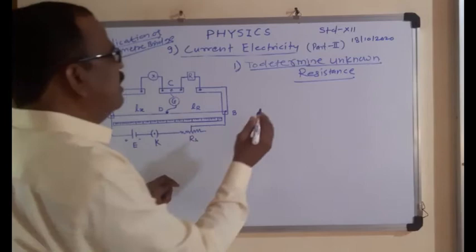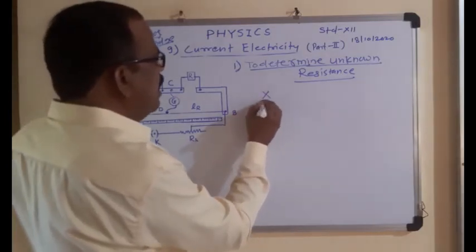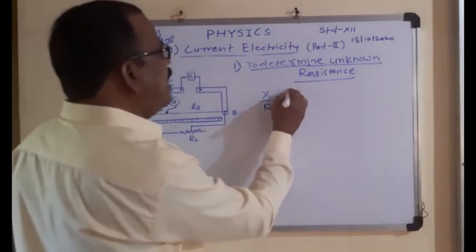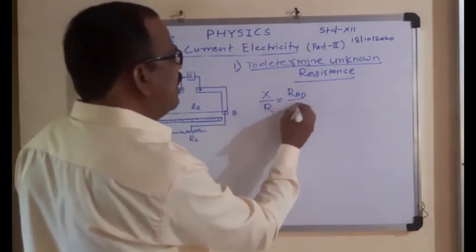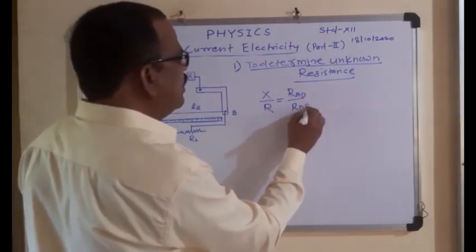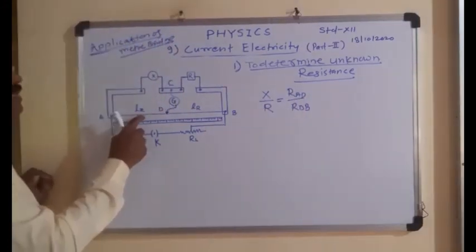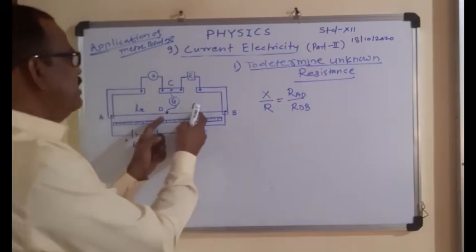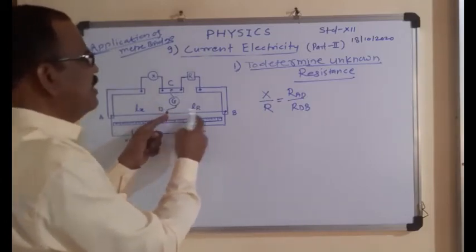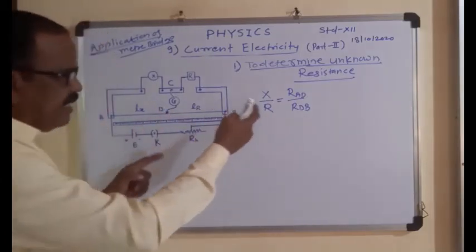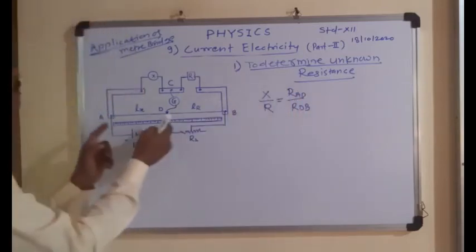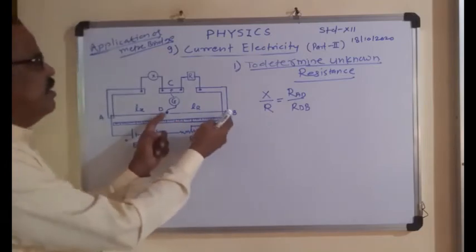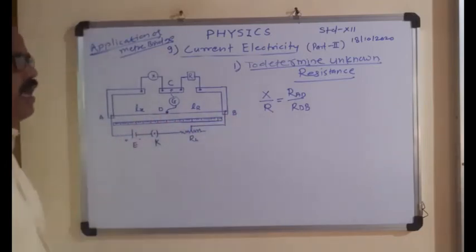Therefore, we write the network condition X divided by R is equal to RAD divided by RDB, where Lx is the length of wire between the points A and D and Lr is the length of wire between the points D and B. RAD is the resistance of the part of wire Lx, and RDB is the resistance of the part of wire Lr.